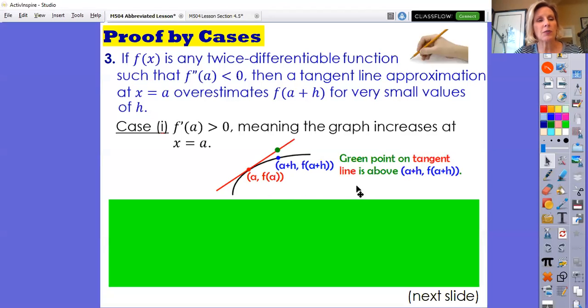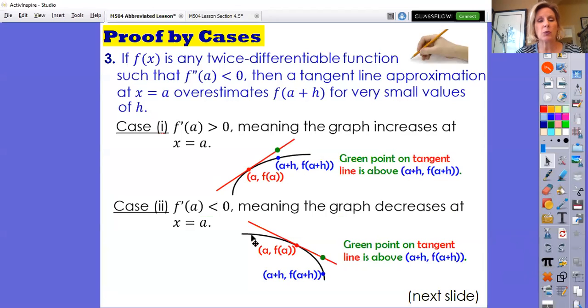So we see here that I've written up case 1 a little more neatly. Let's look at the other two cases. In this case, we have a decreasing function that's concave down. We already had our point a, f of a. Moving to the right along the black function, we get our new point a plus h, f of a plus h. The point on the red tangent line that's in green, directly above it, is the tangent line approximation.